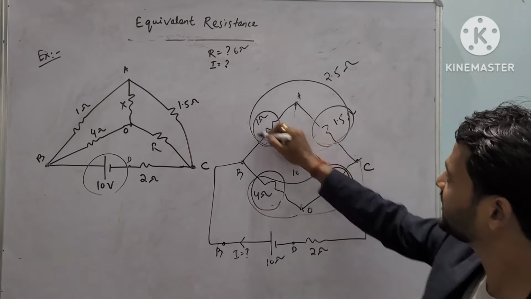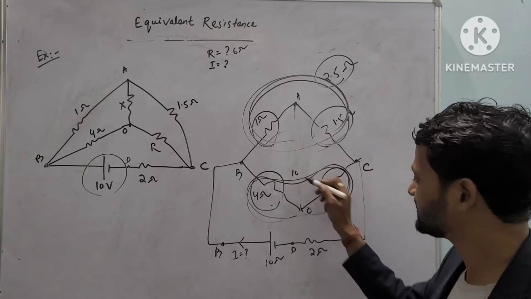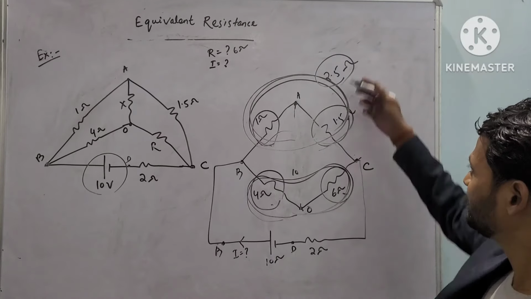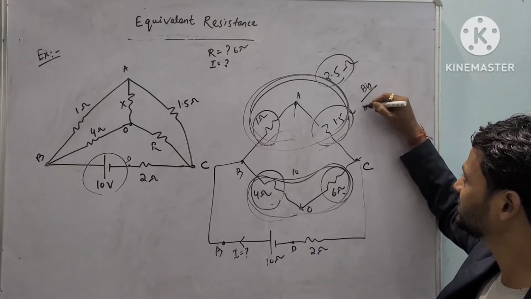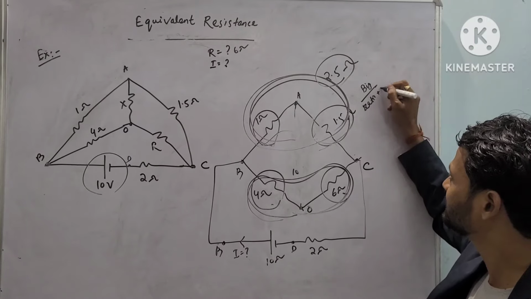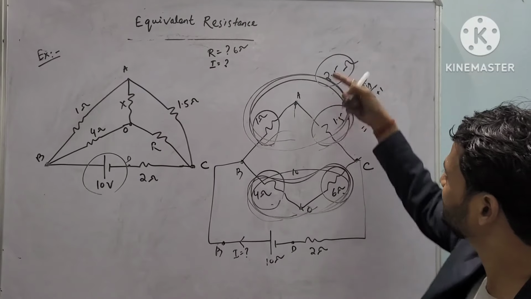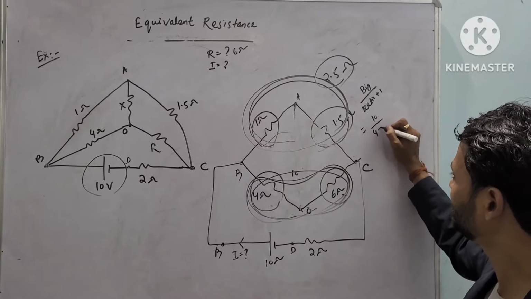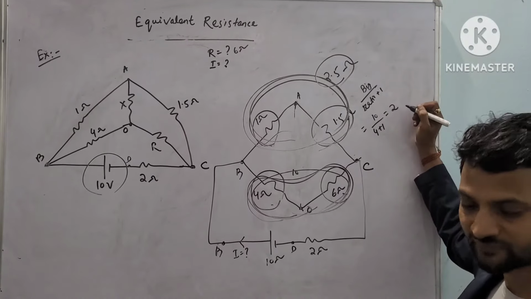Now 10 and 2.5 are in parallel: this entire part is 2.5 and this entire part is 10. What is the equivalent resistance? What did I say? Bigger one by ratio plus 1. The bigger one is 10. The ratio is 10 by 2.5, which is 4. 4 plus 1 is 5. So 10 by 5 is 2.